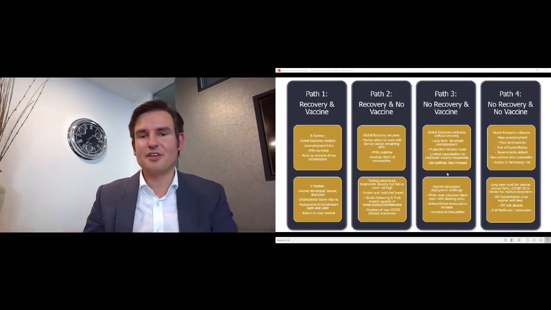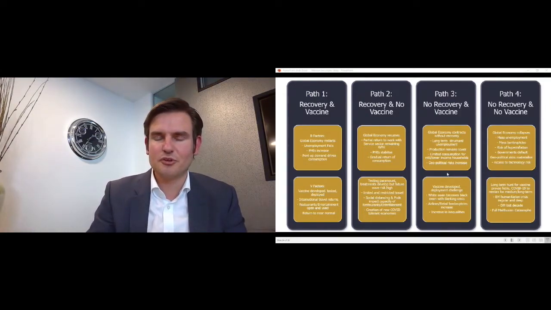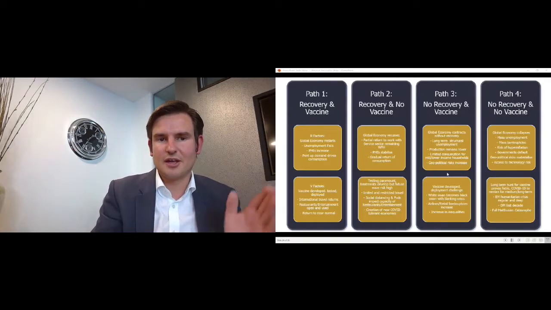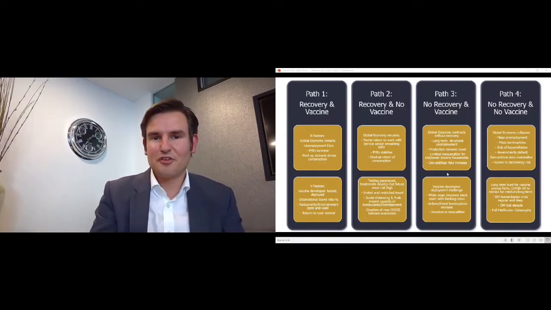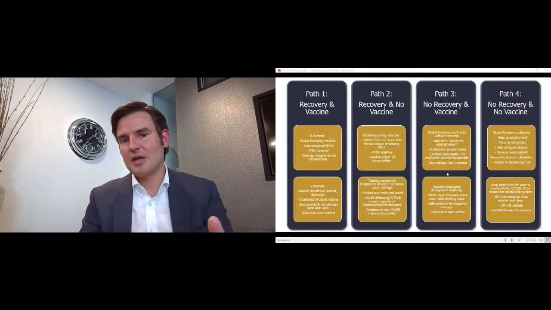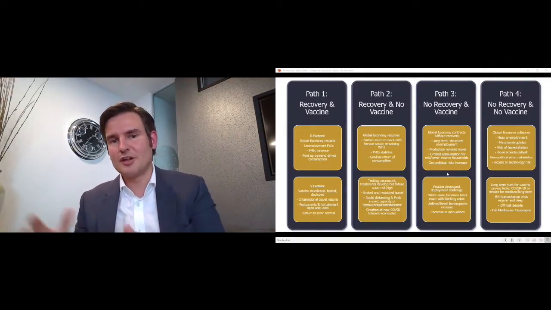We may cover this in a separate webinar if it would be useful for trustees, but really just to look very briefly that perhaps there are 4 paths to consider. Path 1 being a full economic recovery and a vaccine. Path 2 being a recovery and no vaccine. Path 3 being no recovery and a vaccine, and path 4 being no recovery and no vaccine.